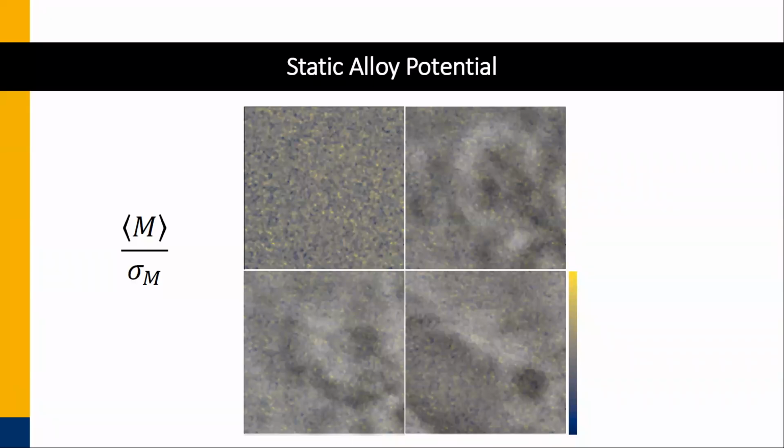Finally, we have an idea of the alloy potential. We have a heterostructure, right? Drawn by ND. So we have an alloy, and we can image the average alloy potential. It's very simple. We take all the images, take the average and divide by the standard deviation, so all those static features are promoted in the image. And here it is.